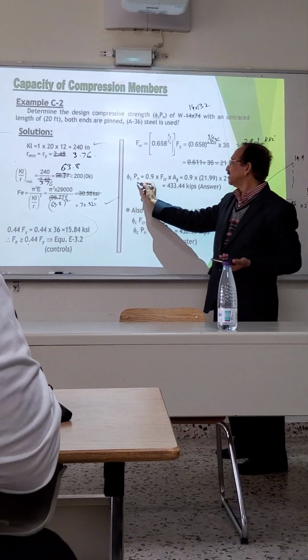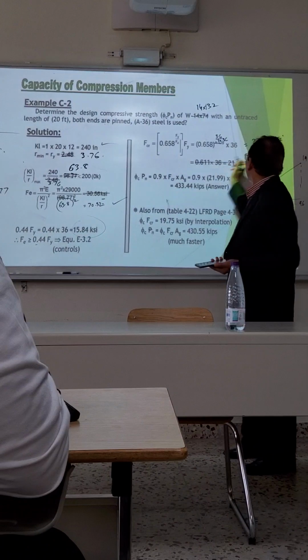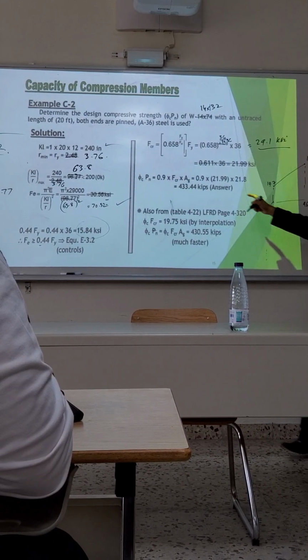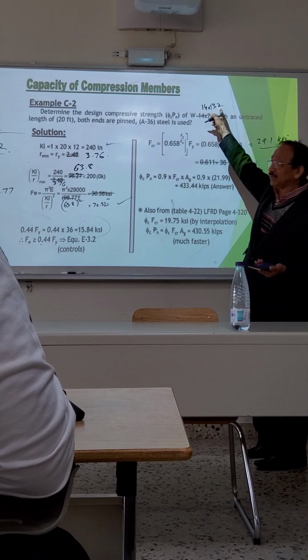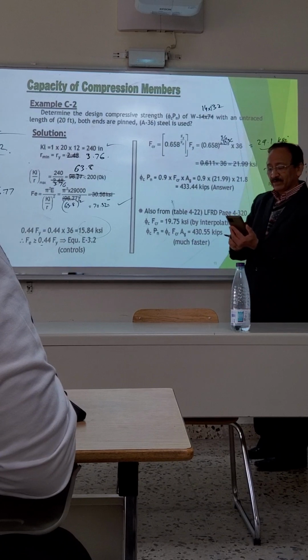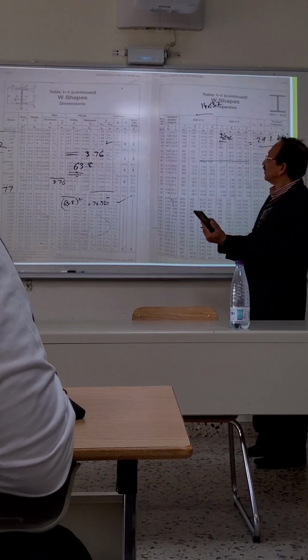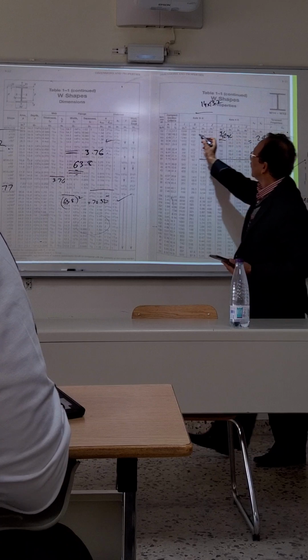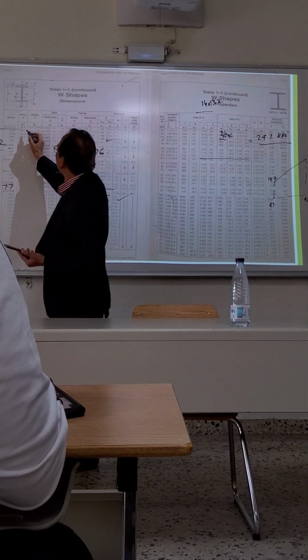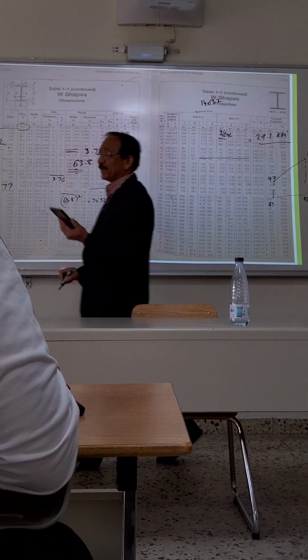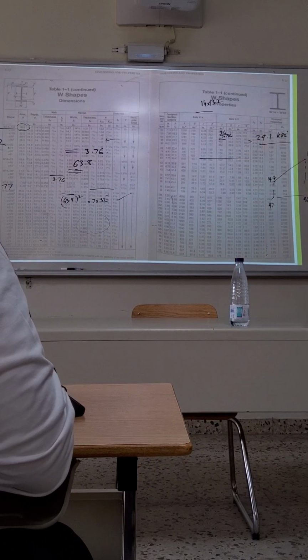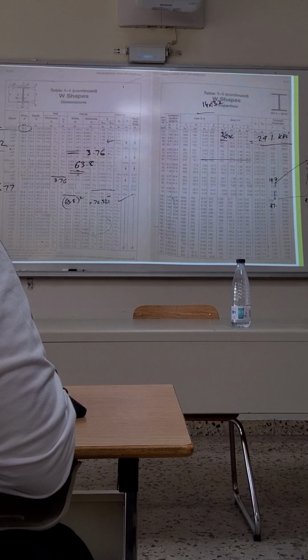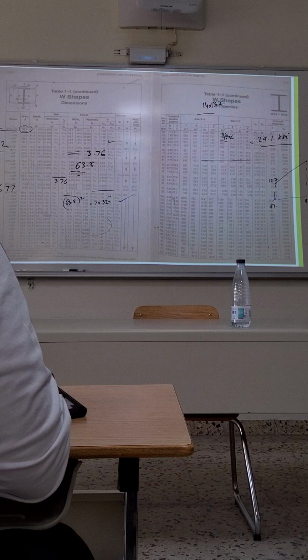Now you can calculate phi Pn, phi 0.9, Fcr is this much, and gross area from the table, how much? 38.8.